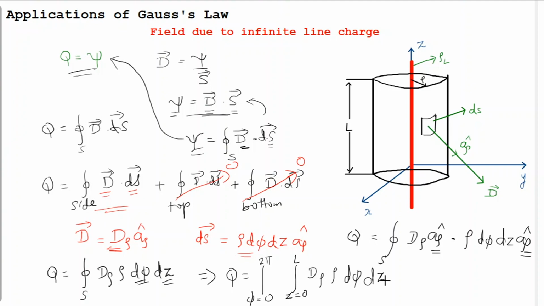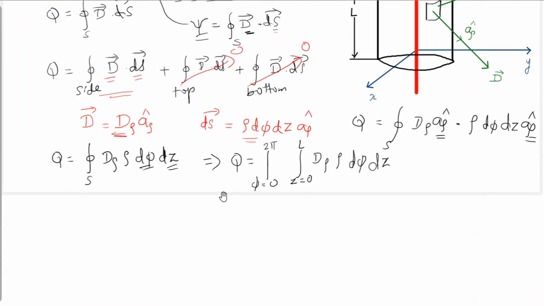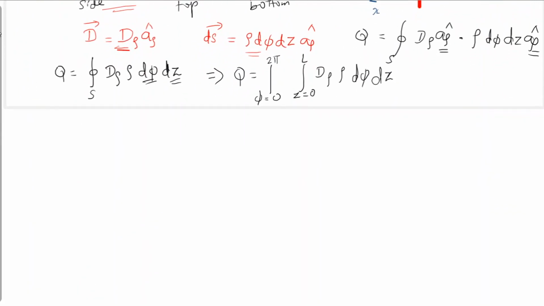You agree with this? Now let me integrate this. What do you get if you integrate? So Q becomes the integral of d rho, rho, with phi varying from 0 to 2 pi and z varying from 0 to L.